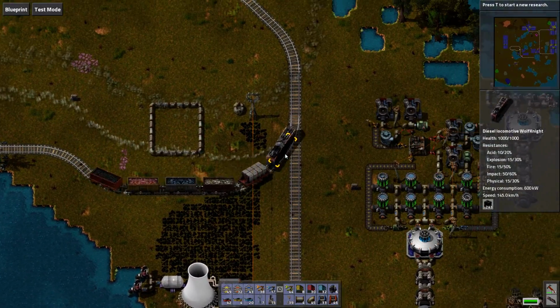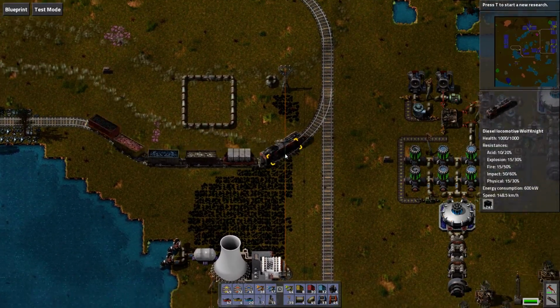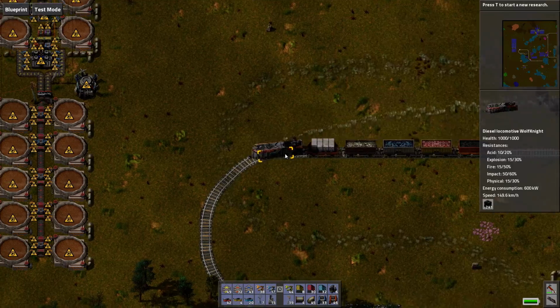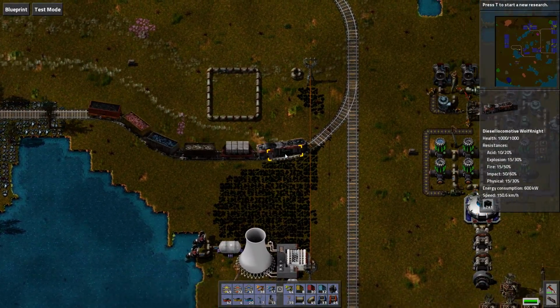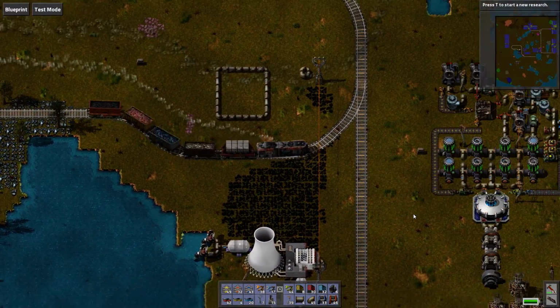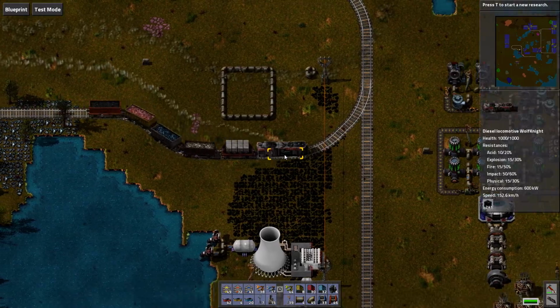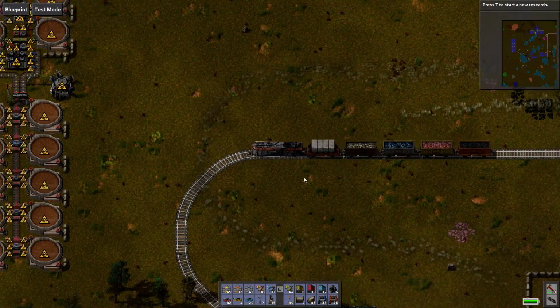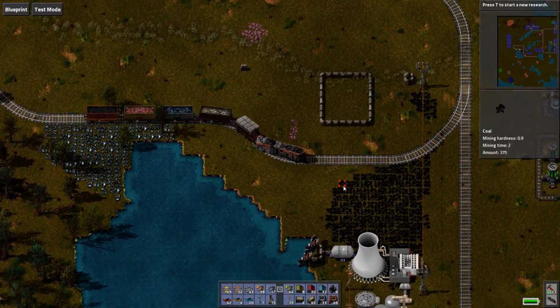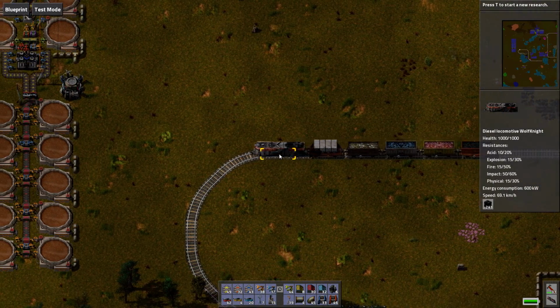So remember, the speed for a diesel locomotive in vanilla is about 150. Yeah. So it's reaching its limit. 200 is like a max or something. Yeah. So it's slowing down.